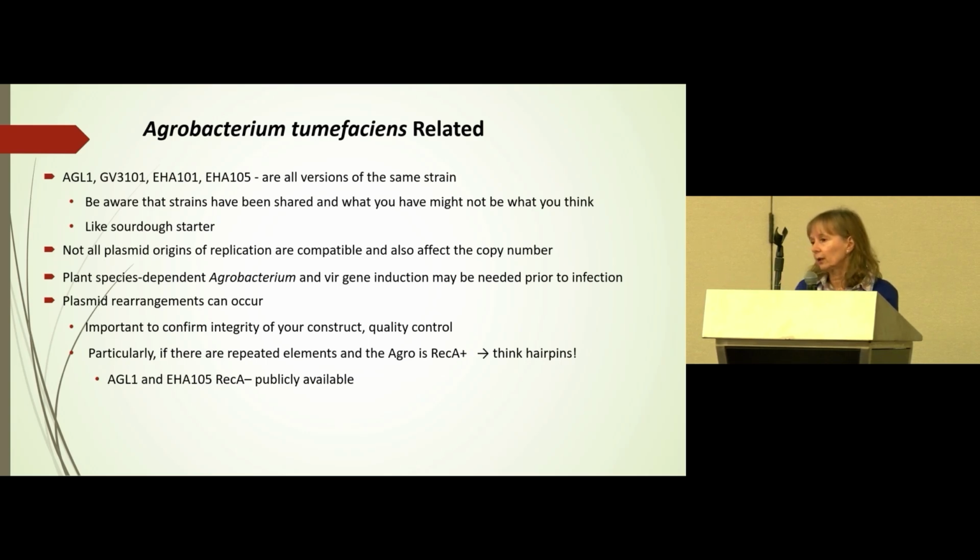Be aware that there are recombinase positive and recombinase negative strains that you could use, like the AGL1 we mentioned. That's become a favorite in my lab for this, a lot of the reason being that it's recombinase minus. Be aware of that situation, especially if you're not getting good results. Any other comments about the strains?